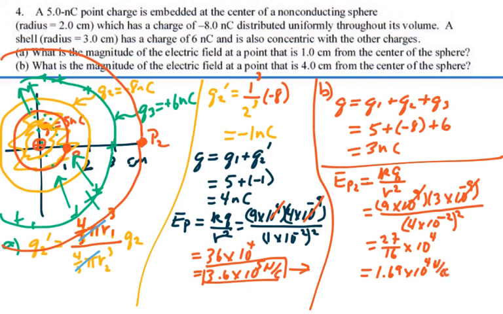And as we draw it on the x-axis, it will be emanating outward for the positive charge and the positive flux going through that Gaussian surface. So that will be our E field at point P2, 4 centimeters from the center of the sphere. 1.69 times 10 to the 4 newtons per coulomb will be the magnitude of that field.